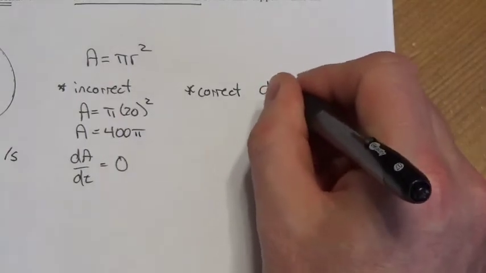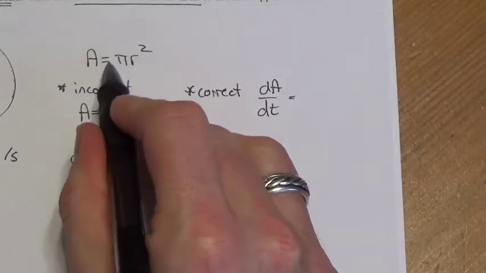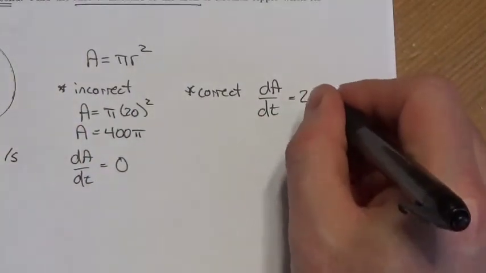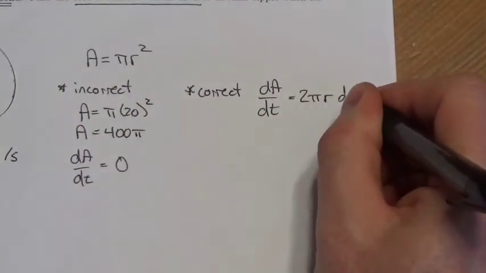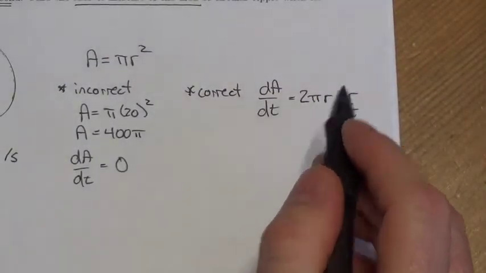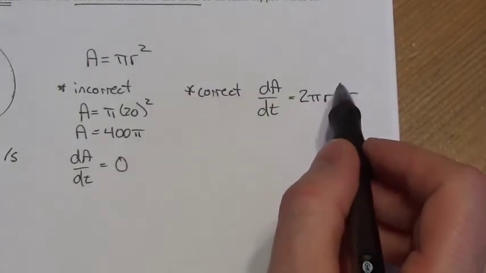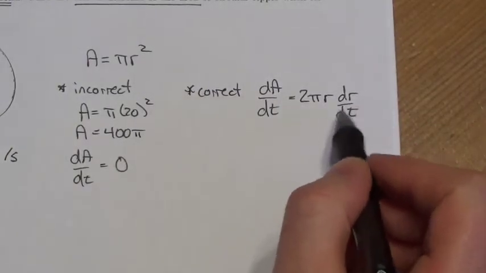So dA by dt is going to equal, I'm going to bring the 2 down, 2 pi r dr by dt. I know r is some function of time. I don't know what it is, but I took the derivative of the outer square, and now I have to multiply by the derivative of what's inside.